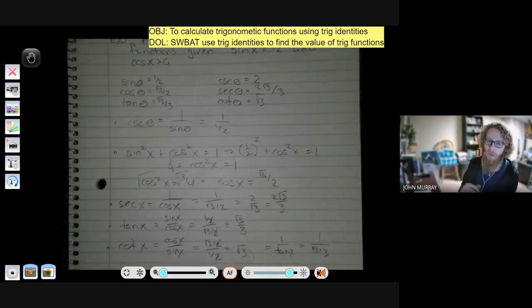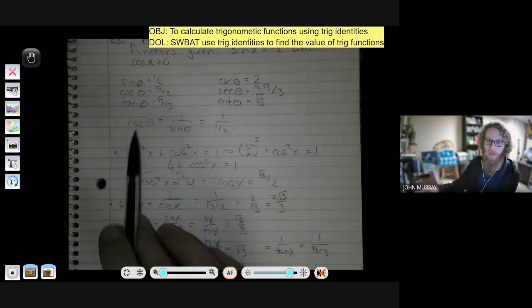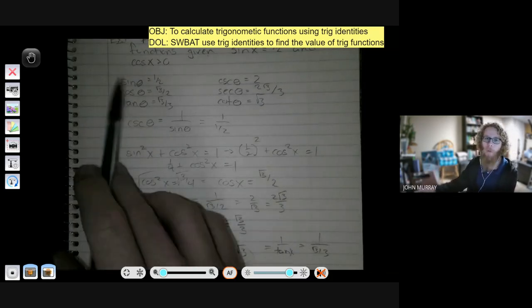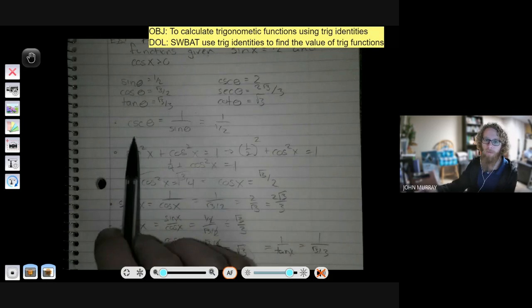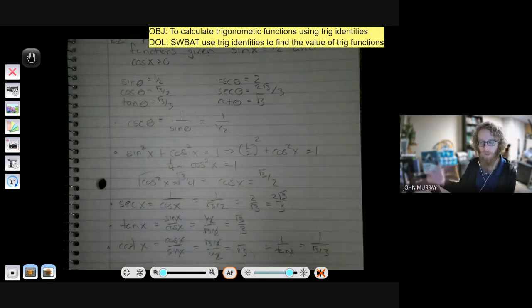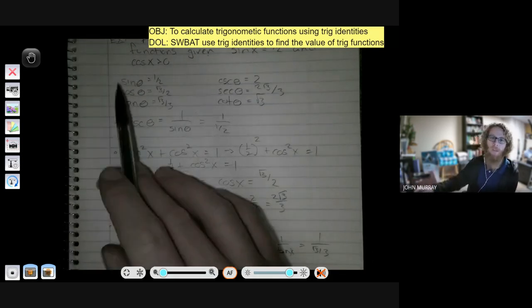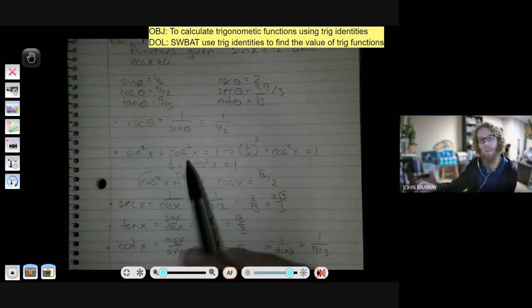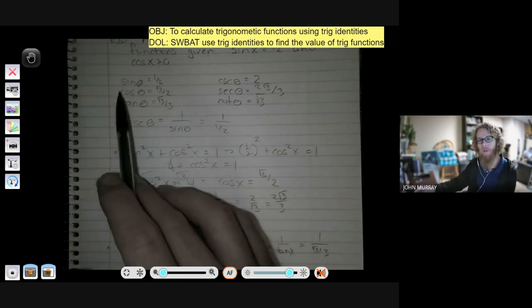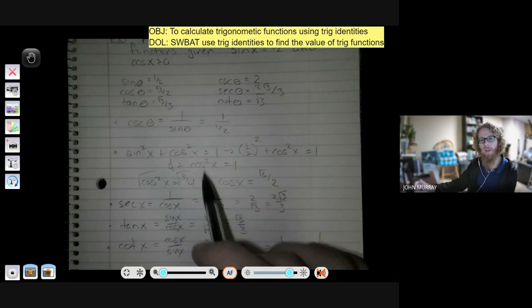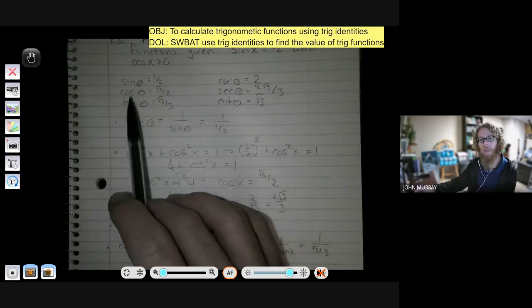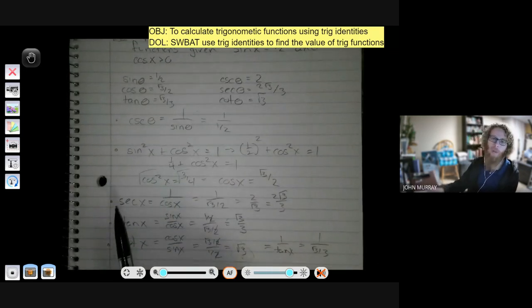What's nice about this is, obviously for the first one, you're probably going to use the reciprocal rule to go from sine to cosecant. That's a given. For the cosine, you can use the Pythagorean identity. But after that, I could have used another Pythagorean identity to find my tangent.